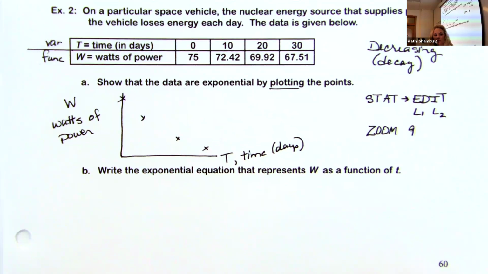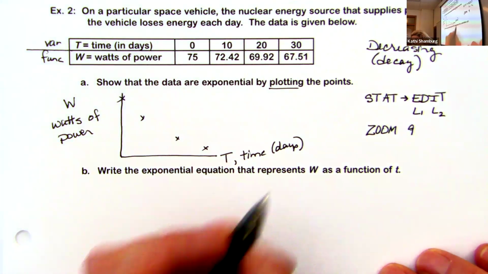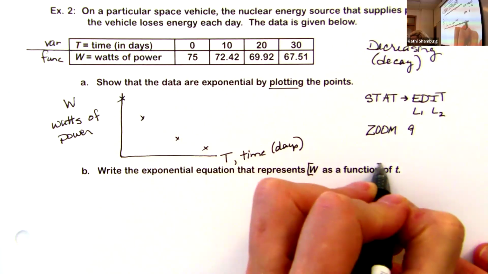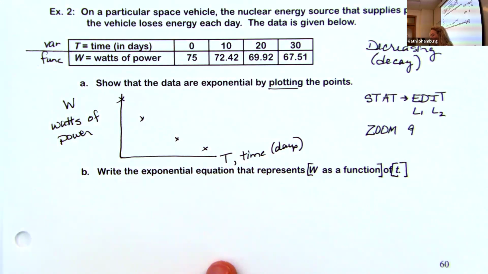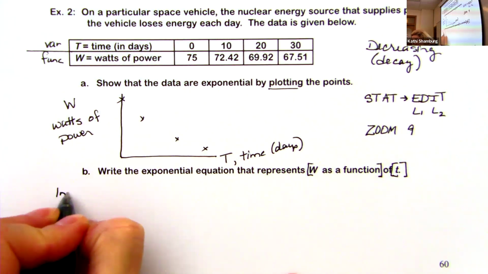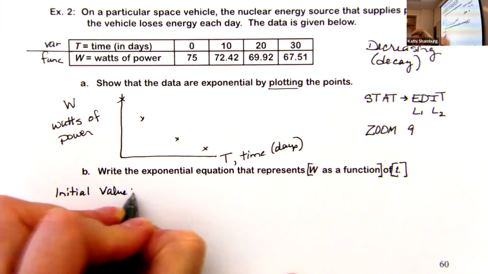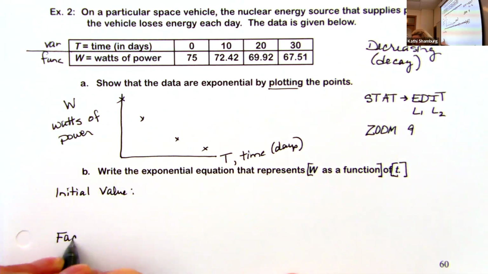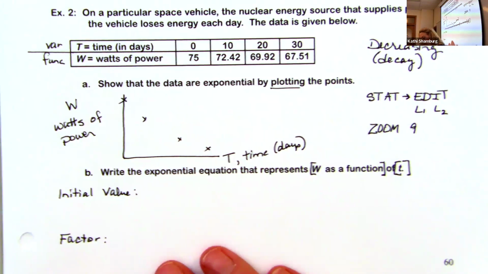Now, part B says write the exponential equation that represents W as the function of T. All right, to write the equation, we need two things. We need the initial value and we need the factor. All right, so where do we find that?